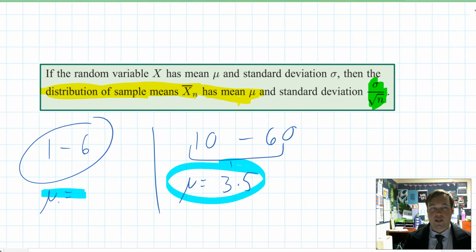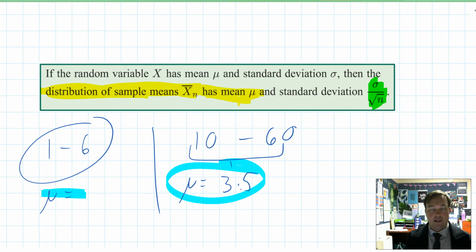So what's happening here is as we add more and more dice in, the mean of our distribution will get closer and closer to 3.5. So if we roll 1 dice, yes, the theoretical average is 3.5, but we'll never actually get to 3.5 because we might roll a 3 or 4 or 5 or a 6, etc.